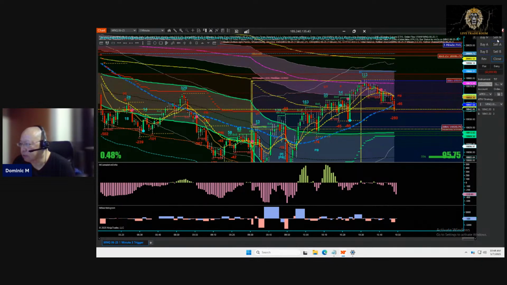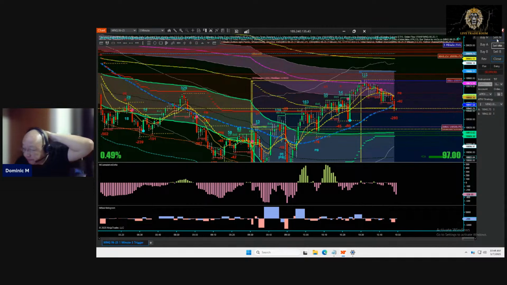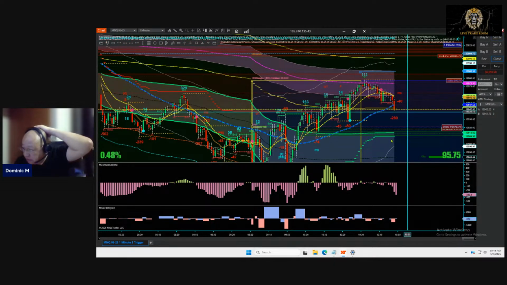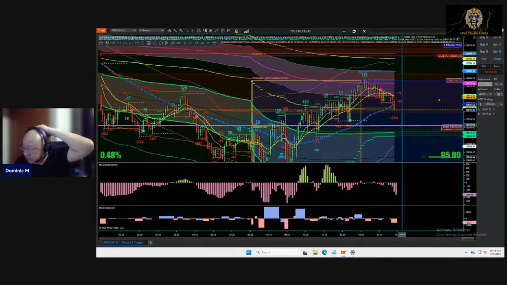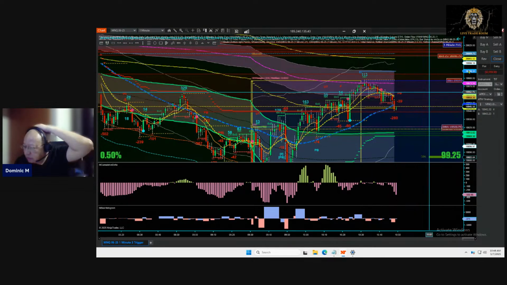So now what we want to do is wait for this to come down. This may do a pullback itself there. But we close below that 55 EMA, so there's a probability it's going to try to test down here again, this fair value gap down here.